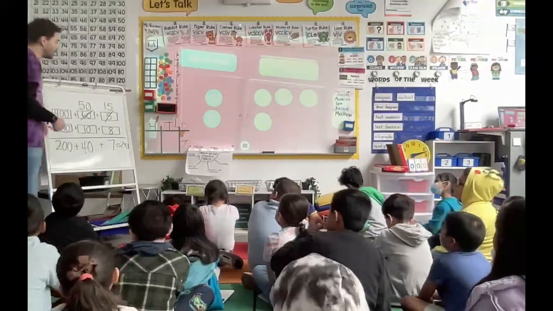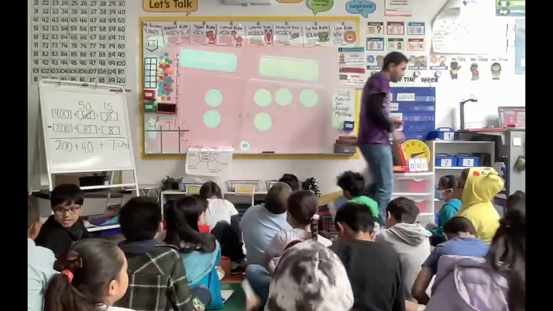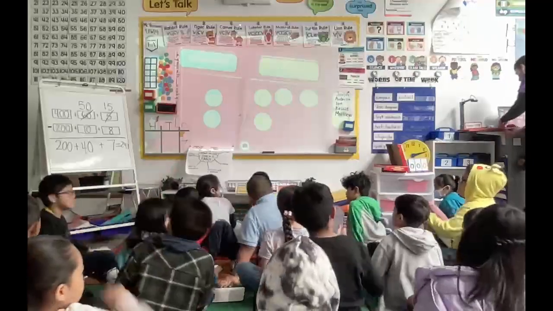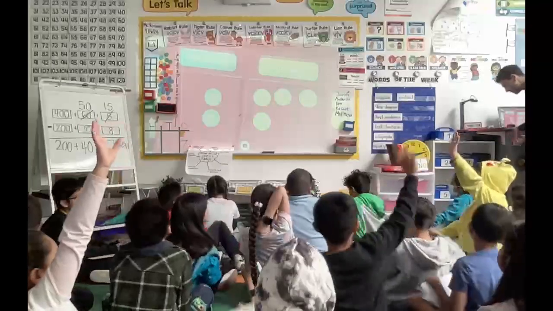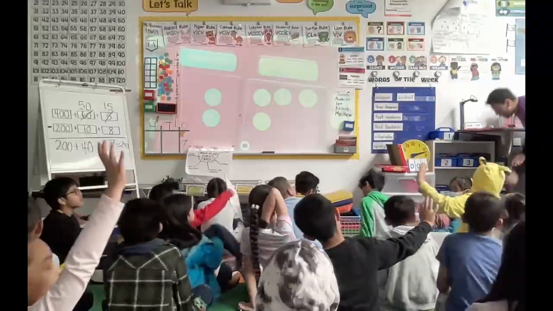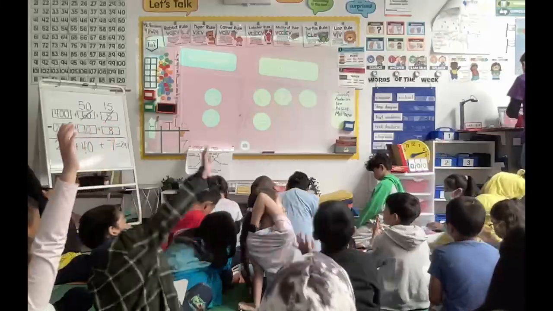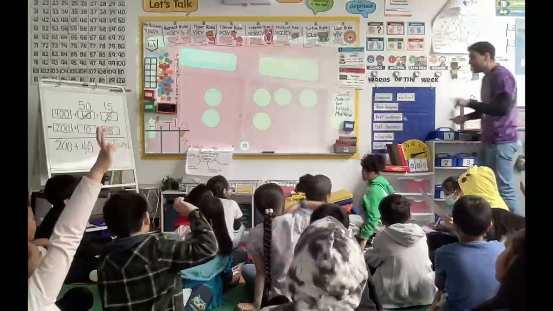Let's practice on the next problem. All right, go ahead and take out your whiteboards. I'm going to have a volunteer come up and help me with the next steps. What I want you to do right now is make what I made on my whiteboard over here.